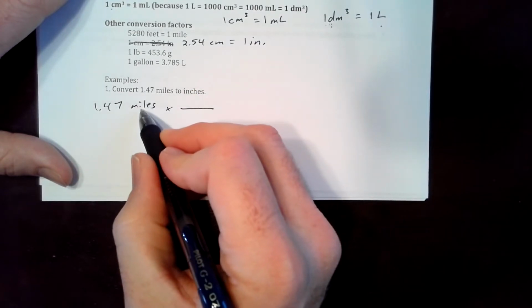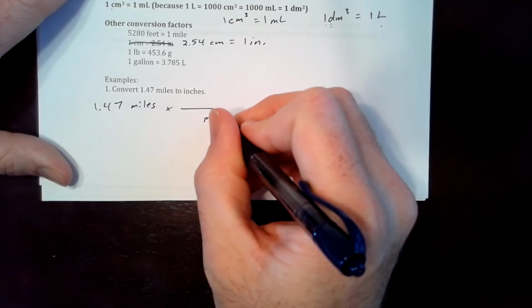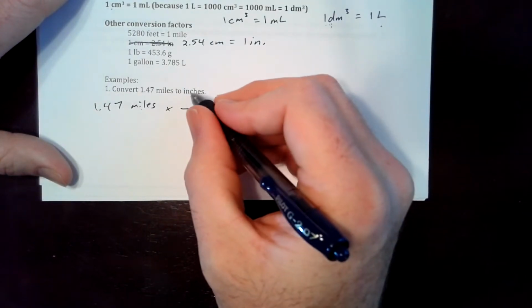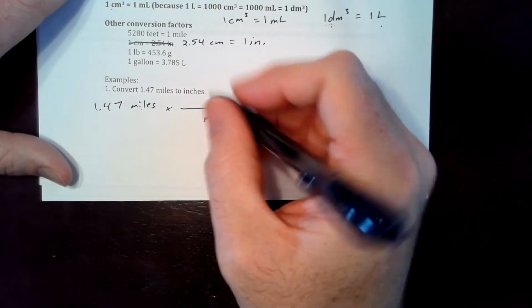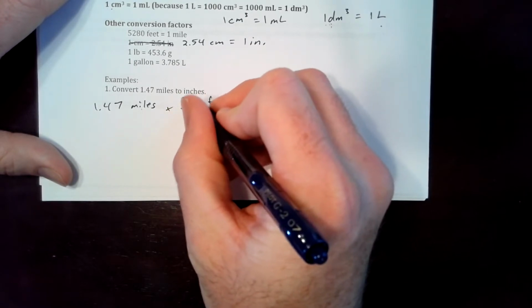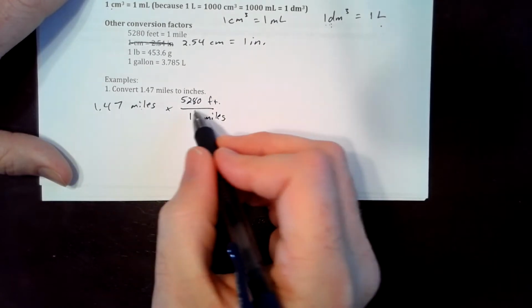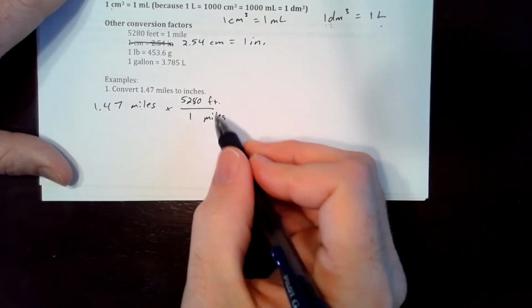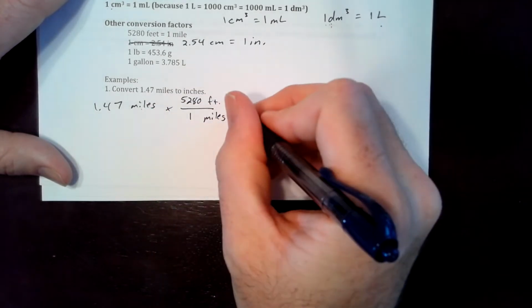So what we're doing is we have miles, and we're going to convert miles into inches, right? Well, if we can't do that directly, we're going to convert miles into feet instead. I know that there are 5,280 feet in 1 mile. So if I do that, that will tell me how many feet there are in 1.47 miles.